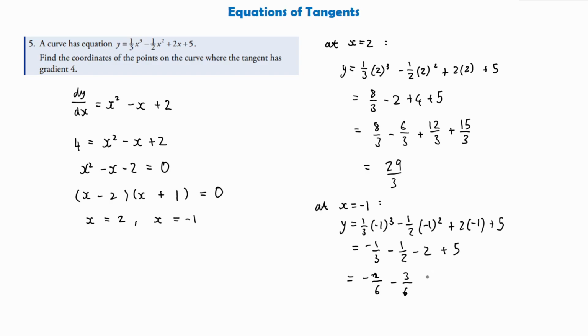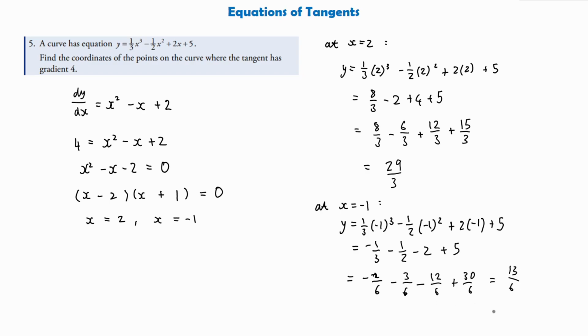So we get minus 3 over 6, and then we're going to get minus 12 over 6, and we're going to get plus 30 over 6, which is simply going to give us minus 2 minus 3 is minus 5, minus 12 is minus 17, plus 30 is going to give us 13 over 6.